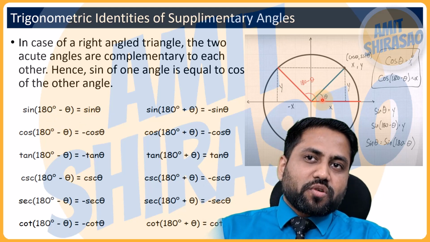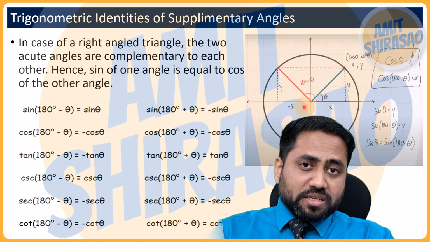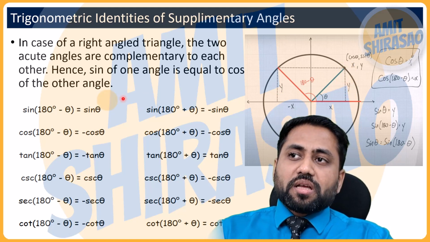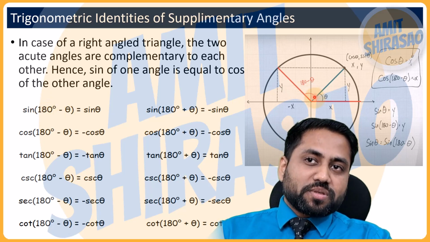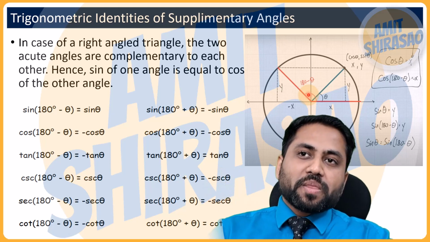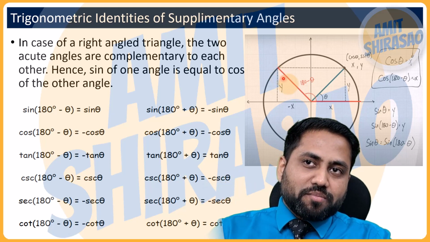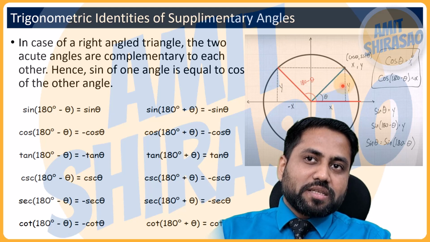Sine of theta means what? Y upon hypotenuse, which is the radius of the circle, right? Now when I say sine of 180 degrees minus theta, so actually sine of an obtuse angle, it's very difficult for us to calculate, right? So let us imagine that in sine theta we used to say this upon hypotenuse.